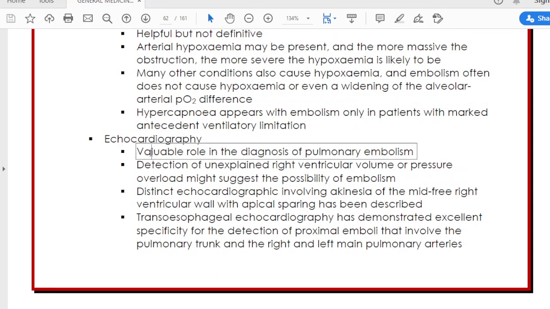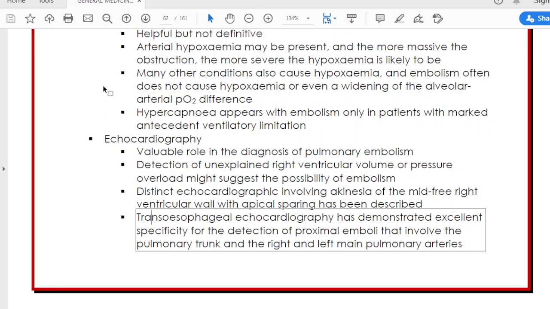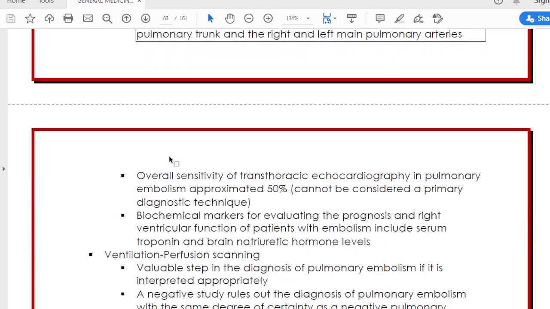Echocardiography. Valuable role in the diagnosis of pulmonary embolism. Detection of unexplained right ventricular volume or pressure overload might suggest the possibility of embolism. A distinct echocardiographic pattern involving akinesia of the midfree right ventricular wall with apical sparing has been described. Transoesophageal echocardiography has demonstrated excellent specificity for the detection of proximal emboli that involve the pulmonary trunk and the right and left main pulmonary arteries.